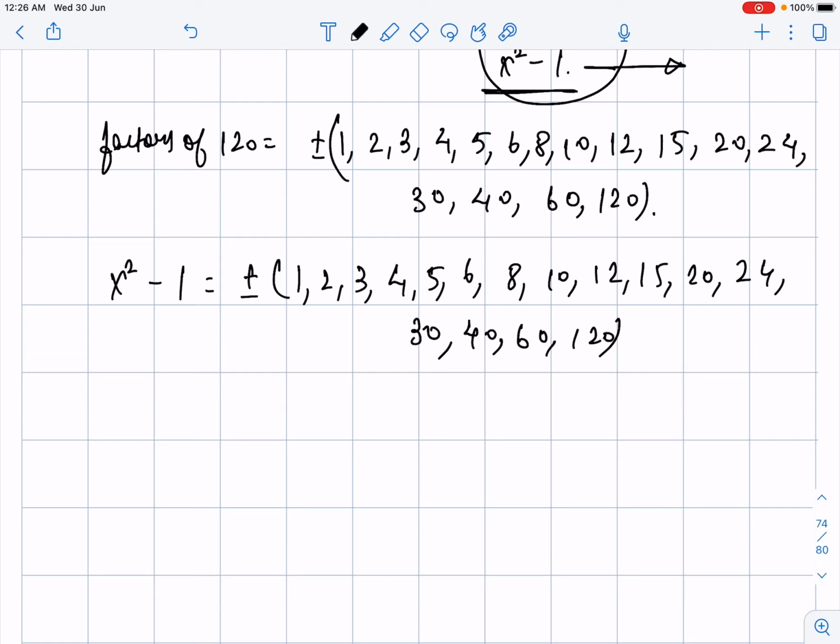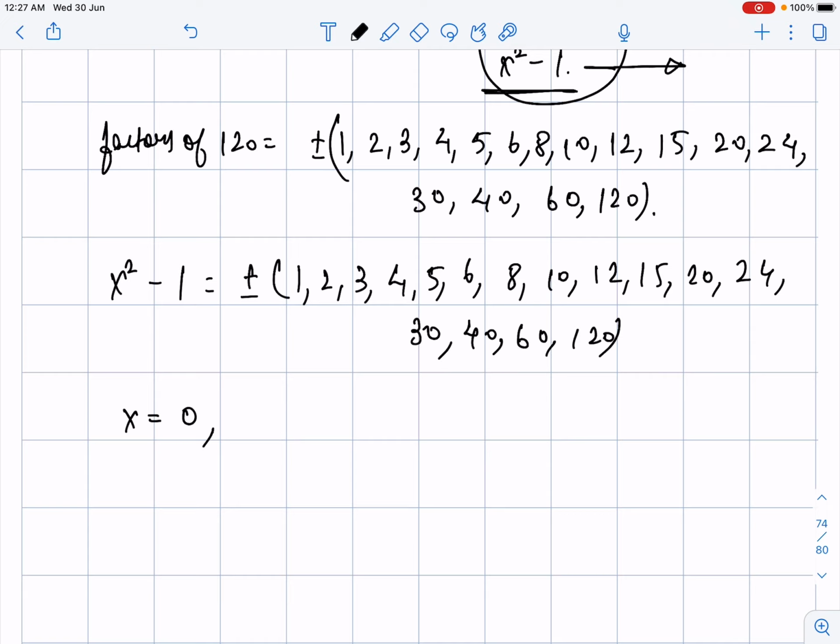So if I take x square minus 1 as plus 1, that will not yield x as an integer because x square will become 2 and x will become plus or minus root 2. Then I'll be taking x square minus 1 as minus 1, so x will become an integer, 0 over here. Now plus 2, no, that will not yield an integer because 2 plus 1 will be 3 and x will become plus or minus root 3.